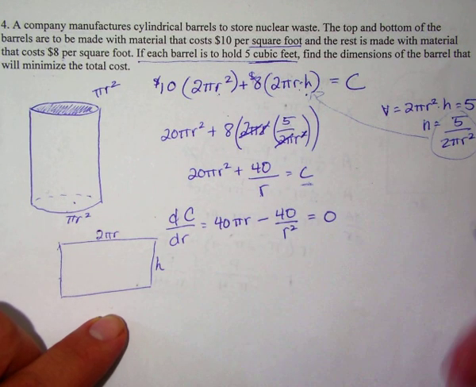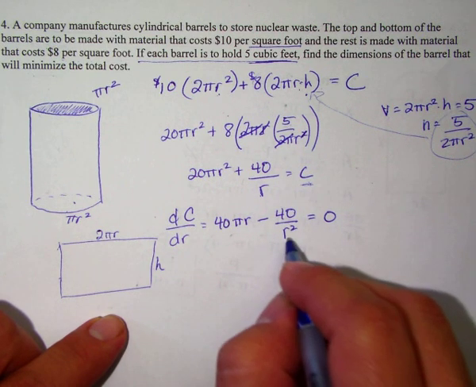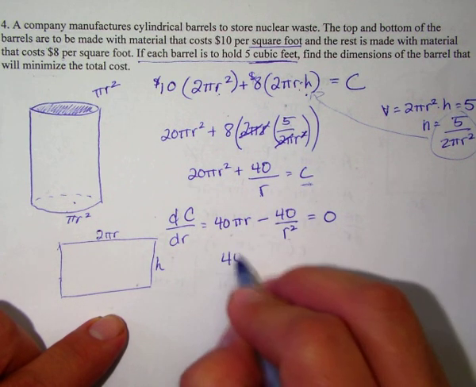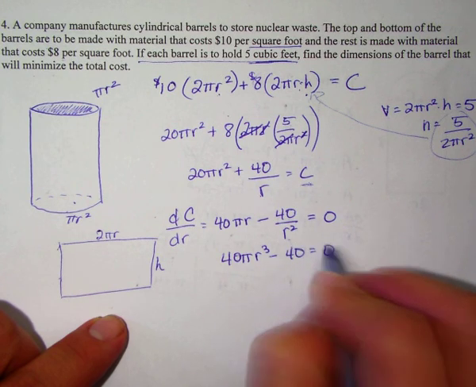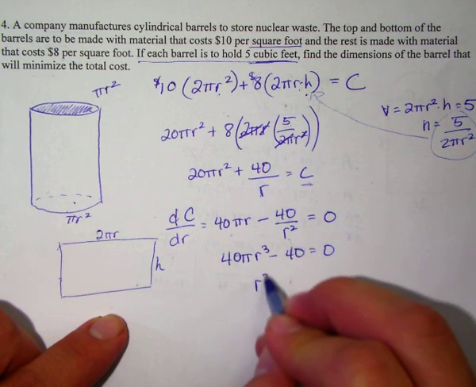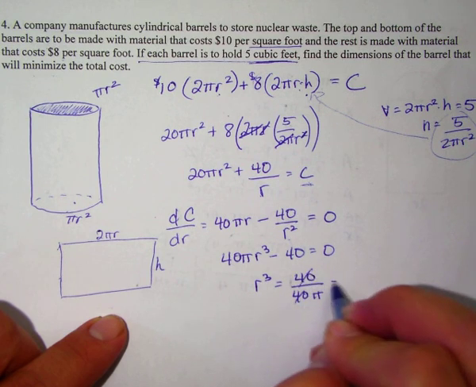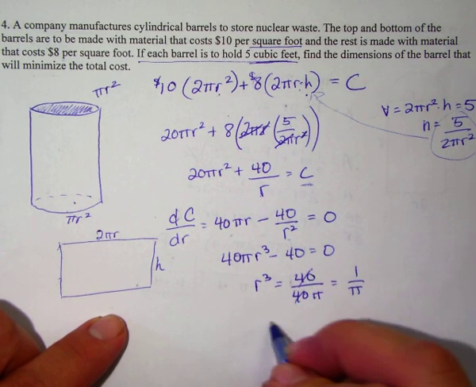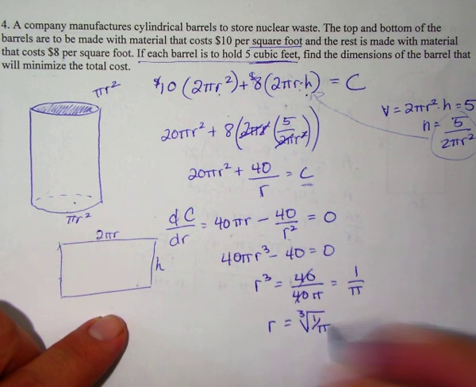Set that equal to 0. And I'm going to multiply everything by r squared to get rid of this on the denominator. So I'm going to have 40 pi r cubed minus 40 equals 0. r cubed equals 40 over 40 pi, and I'm going to get 1 over pi. So r is the cube root of 1 over pi.